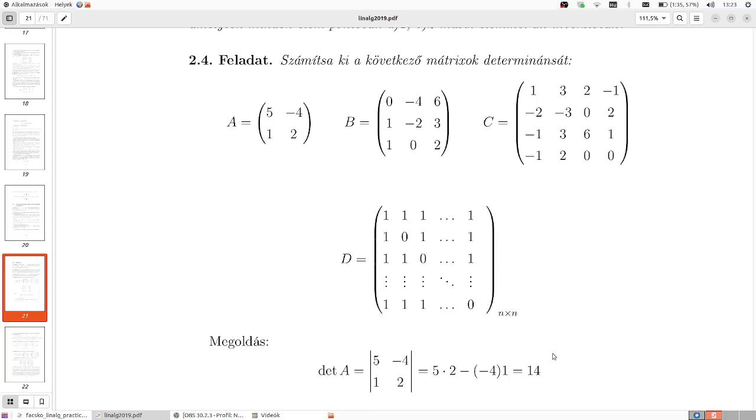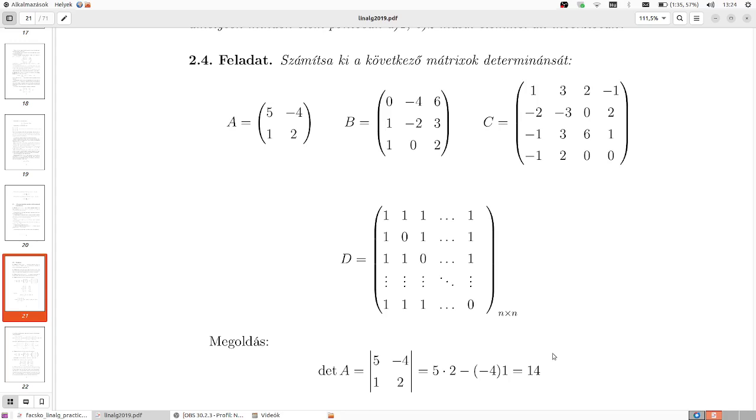And now I choose a row for the following operation, and I choose this. It means I can write this determinant as a sum, a polynomial of subdeterminants multiplied with these numbers.